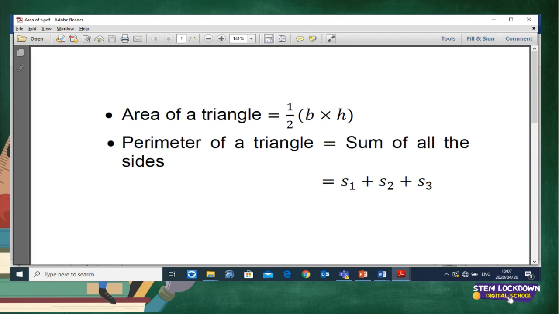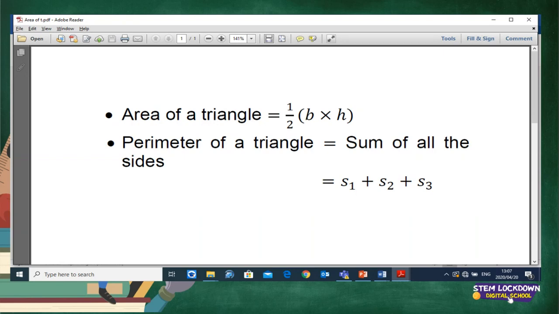So up to this point, we have looked at 3 polygons. The first one that we looked at was the square. The second polygon was the rectangle. And the third one was the triangle.